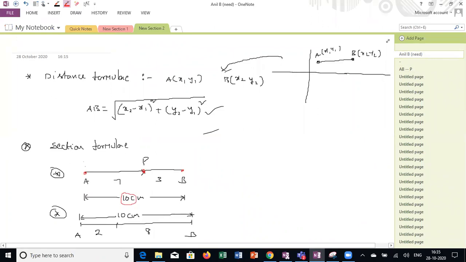The distance between A and P is 7 centimeters, and P and B is 3 centimeters. So, what is the ratio of AP and PB?